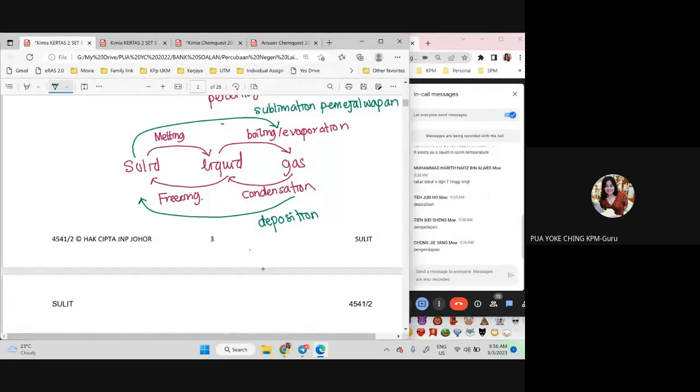Jayang, Wei Sing, mana satu yang betul? Spelling mesti betul. Spelling mesti betul sebab ada meaning yang lain.